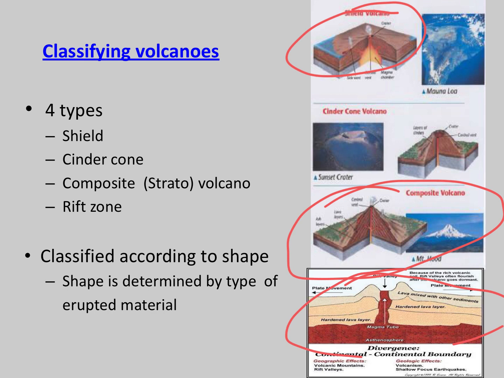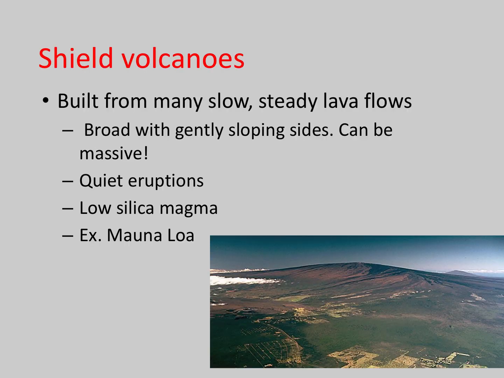So again, classified according to shape, and the shape is determined by what type of material erupts from the volcano. Shield volcanoes, again, are built from many slow, steady lava flows. Because it's a slow-flowing lava flow, it forms gentle sloping sides.